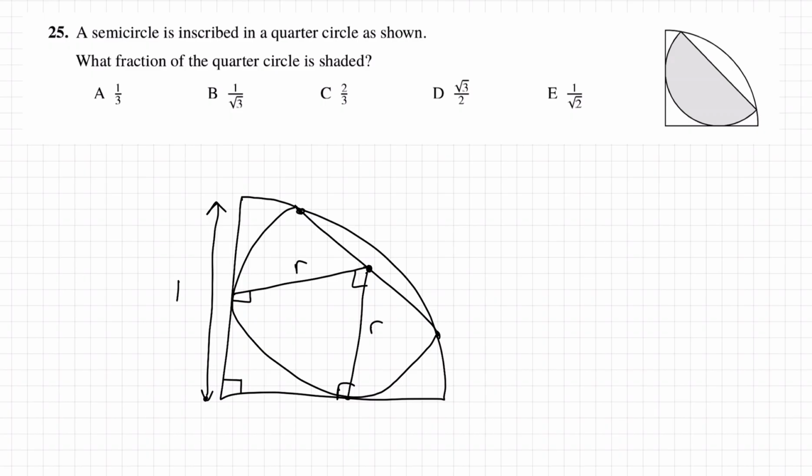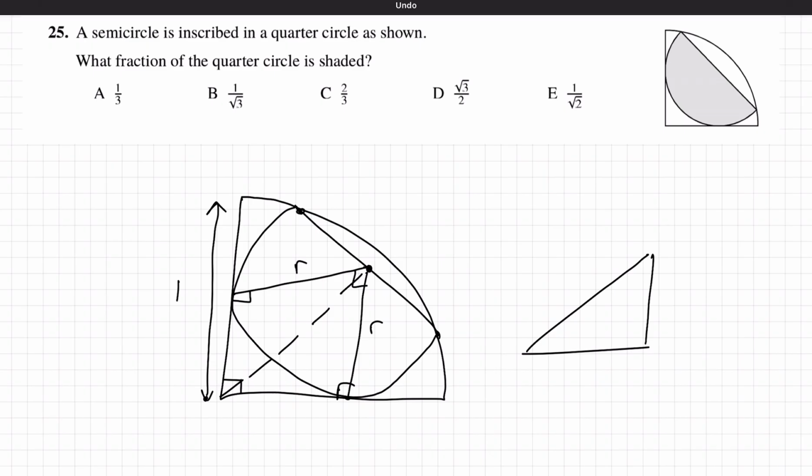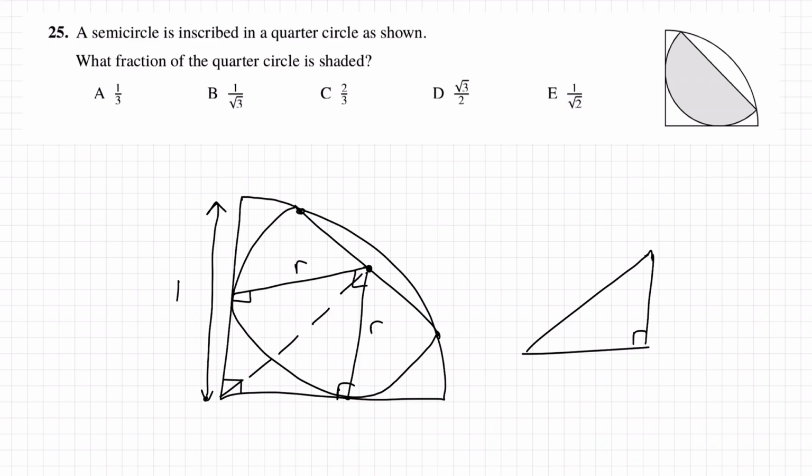Okay, now if we call the radius of this semicircle R, we know that this diagonal length is going to be, well, this is now an isosceles triangle with angles 45, 45, 90. So we can just use Pythagoras or trigonometry to get R root 2 over here. So we'll just put R root 2 over there. Now we know this length here is going to be R as well, because that's just the radius to one of the edges.